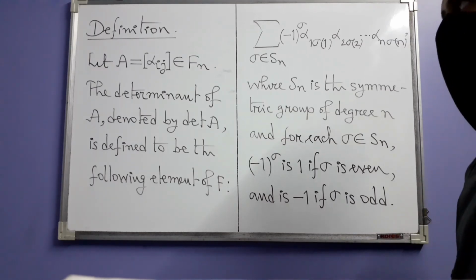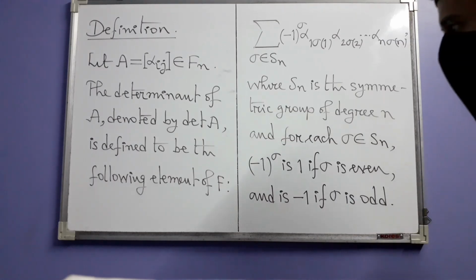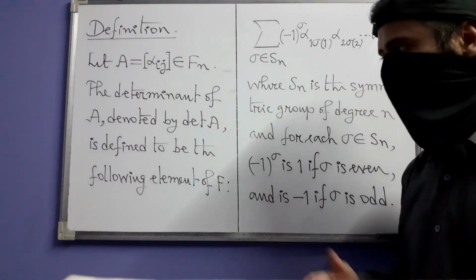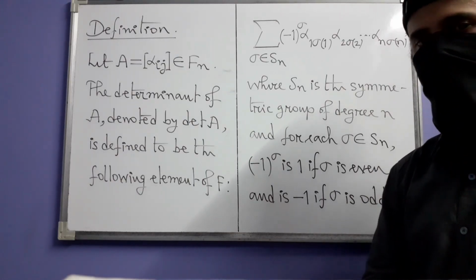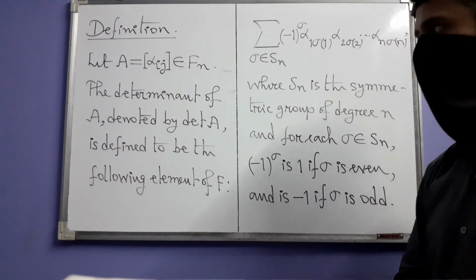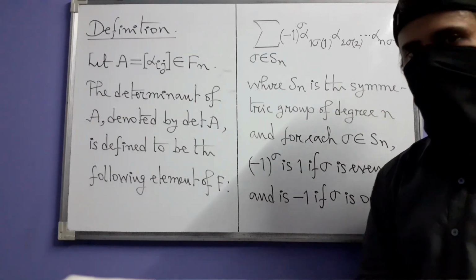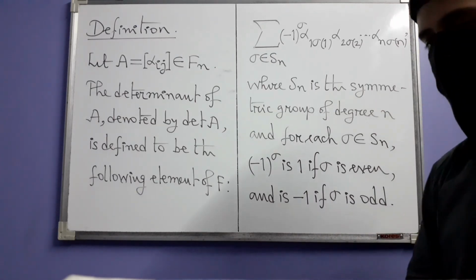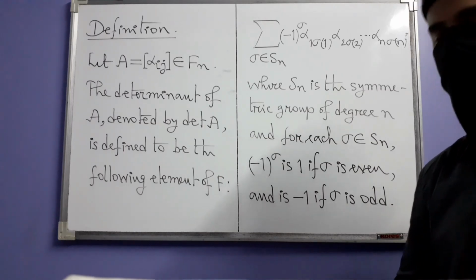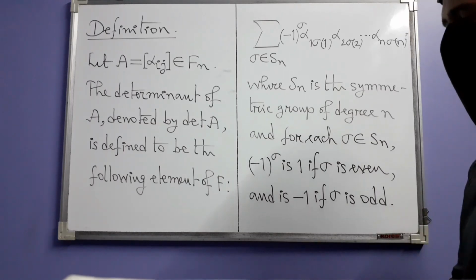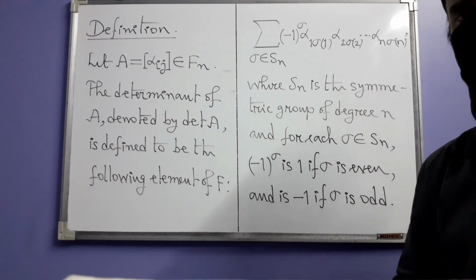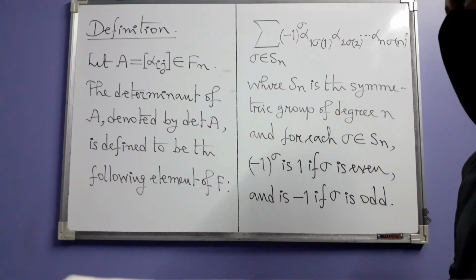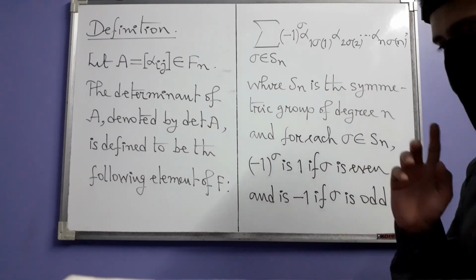There are many properties of determinants which are useful and which we have actually used already many times in solving systems of equations and elsewhere. But we are going to study general properties of determinants, which will tell us something about matrices themselves. And one of those properties we are going to see next.